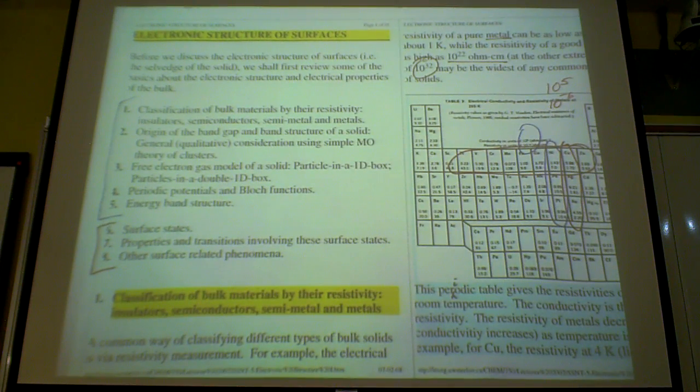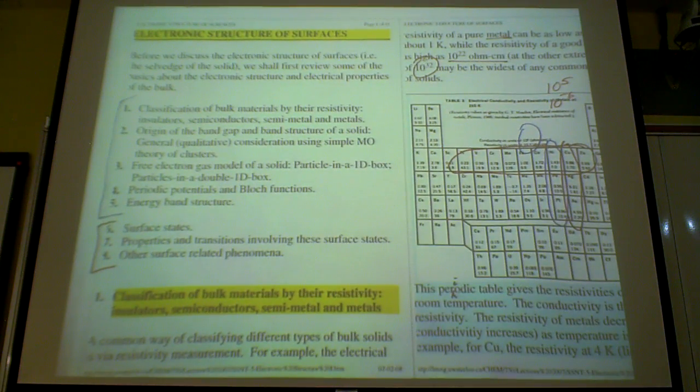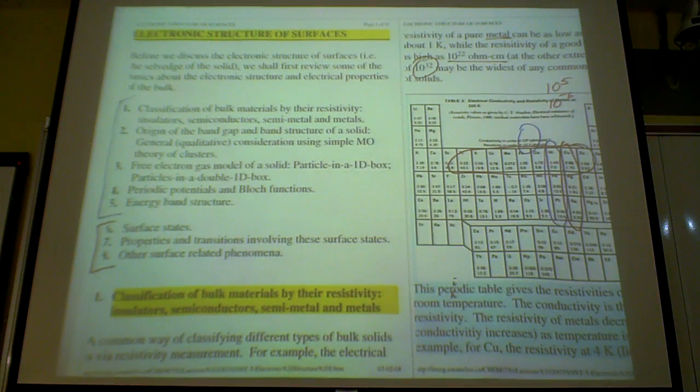Those of you who have not taken quantum chemistry may not know this, but I would not go into great detail. I would just tell you about some of the features of the solution related to particle in the box, how we use it in terms of band gap and band energy.